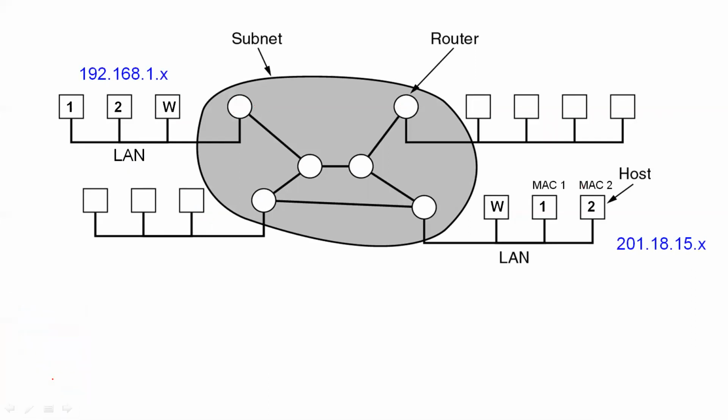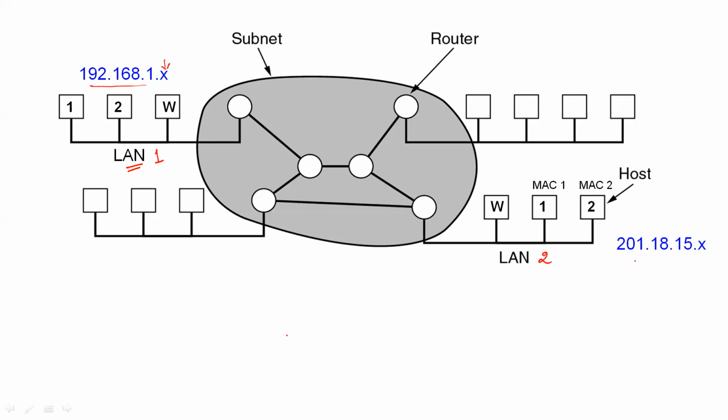Each and every network has a network address, using which that particular network will be identified. In this example, LAN 1 is identified by 192.168.1.x, where x doesn't have any value, so only 192.168.1. This is the network address of LAN 1.